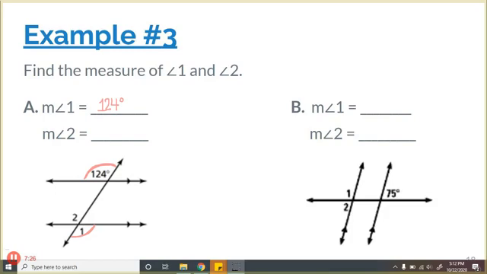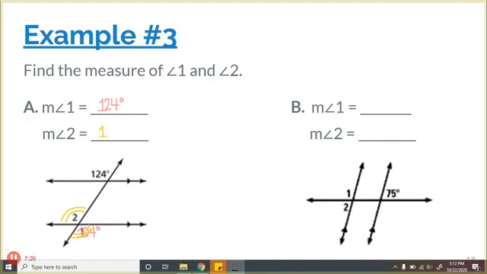Then I have to look at angle 2, and there are two ways to look at angle 2. So I know that angle 1 is 124 degrees, and I'm looking for another angle relationship, and I actually have two ways to look at this. We learned in a previous chapter that these two angles are known as vertical angles, and we know that vertical angles are congruent.